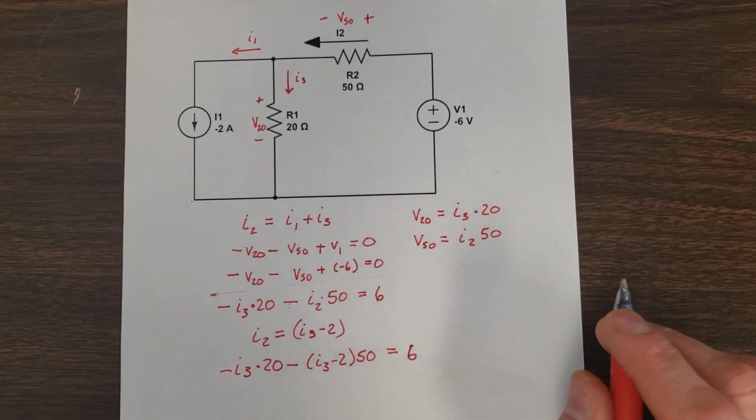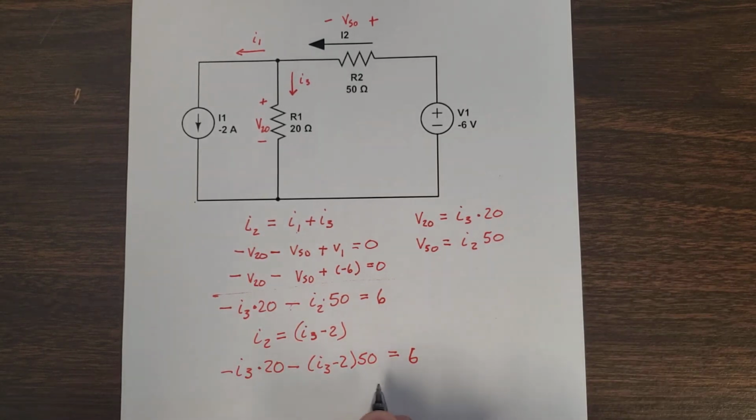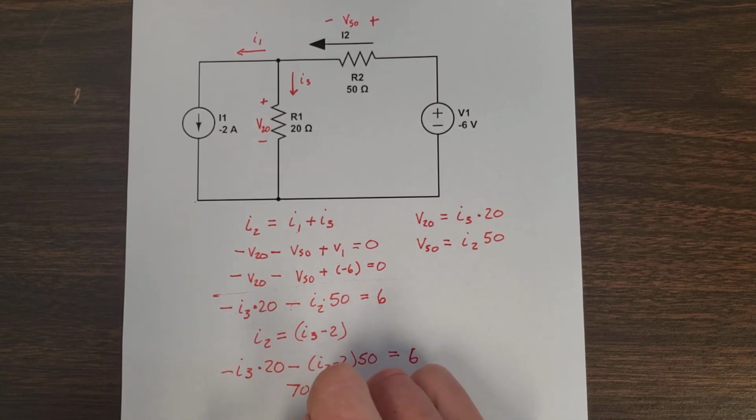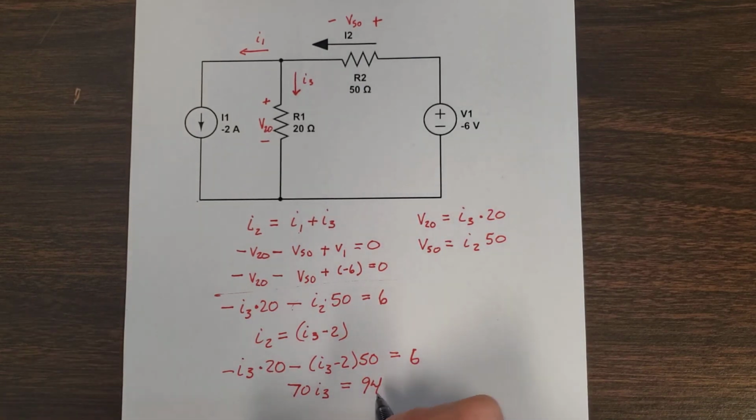And so we get, then when we cook this down, we get 70 I3 is equal to 94 when you manipulate all of that together. So we get a minus 100 here, and we get the 70 I3 equals 94.